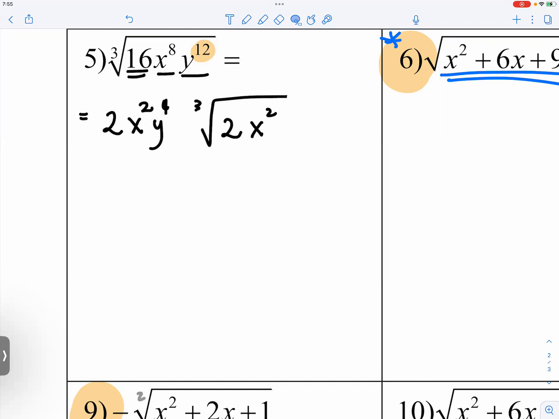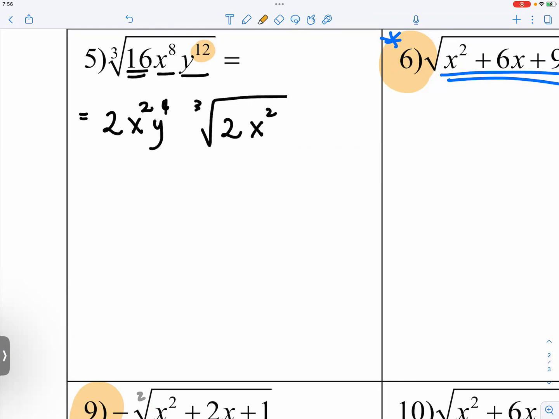Very good question. Would you need to consider the absolute value or the even odd thing here? You would not need to, because the absolute value is when you have to account for the possibility of it being negative, right? And we don't know. That's why we say even odd: even index, even exponent, and odd power at the end.